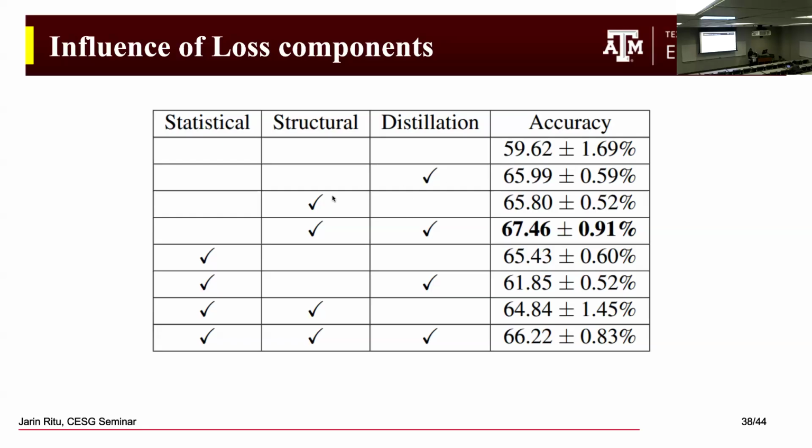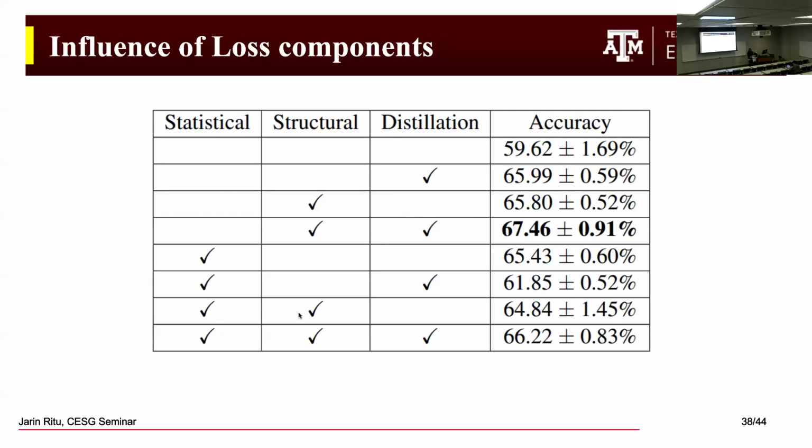And then when I add structure, we are just distilling the structural texture. And the performance is 65.92. But when I incorporate the structural texture with distillation, we got the highest performance, which is 67.46%. And then when I only distill the statistical texture, we got 65, and when we incorporated statistical texture with the distillation loss, it goes a bit down to 61.85%.